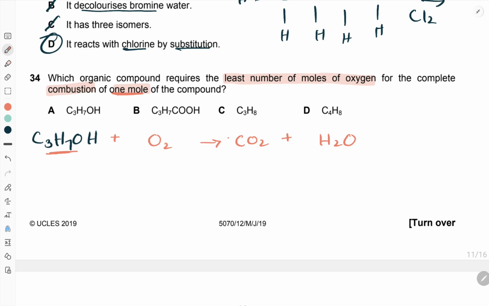We have 3 carbons on the left. To balance it, I need to write 3 on the right. Hydrogen, there are 8 hydrogens on the left. To make it 8, I'll write 4 with water. Now let's balance the oxygen. In any chemical reaction, you always balance oxygen at the end, after every other atom. So we have 6 oxygen and 10 oxygen.